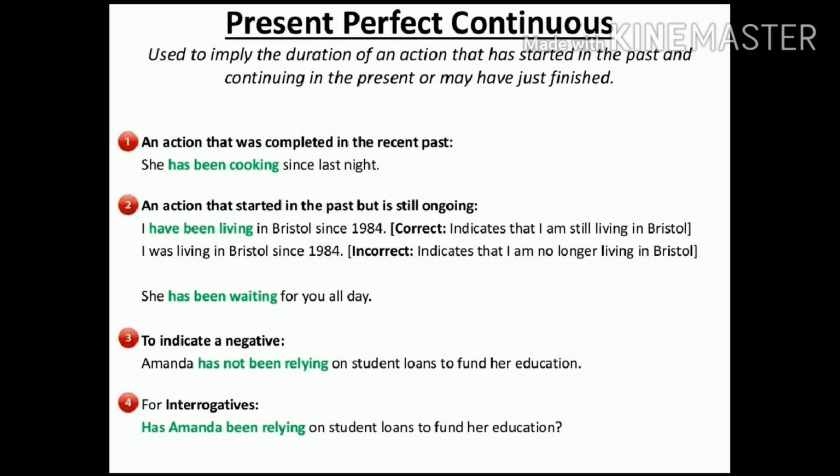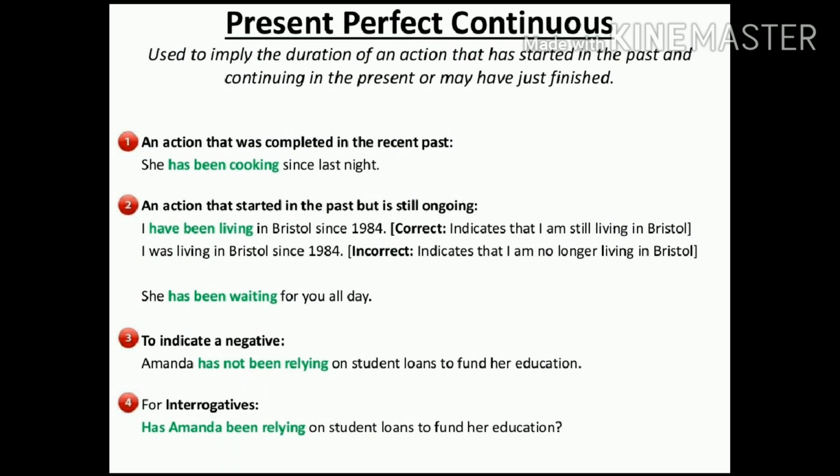So since it is present, your helping verb is going to be has or have with the ing form, because we are dealing with continuous. She has been waiting for you all day. Likewise, we will indicate these types of action using present perfect continuous tense.